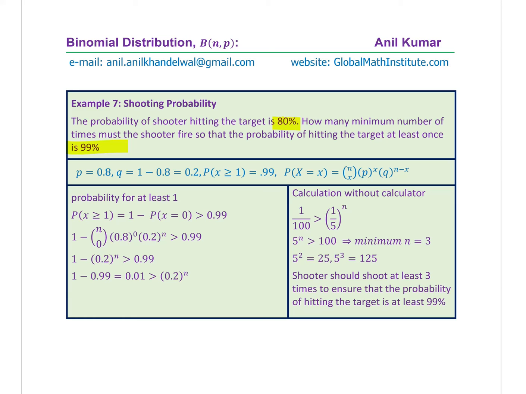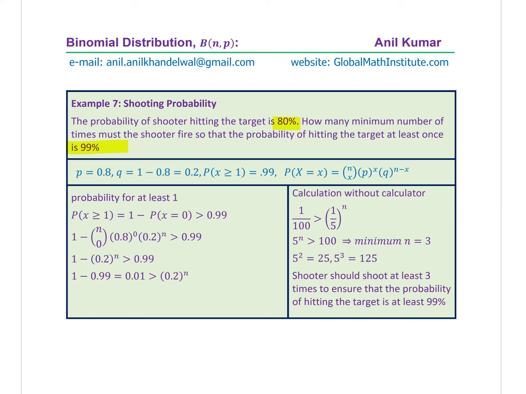So that's the question. Let's try to understand this. It is given to us that the probability of the shooter hitting the target is 80%. So when a person shoots, 20% chances are that it is not going to hit the target, and 80% it is going to hit the target.